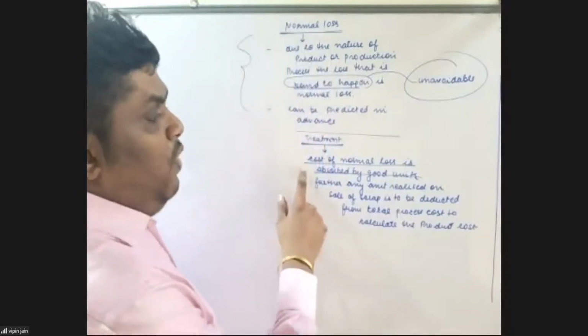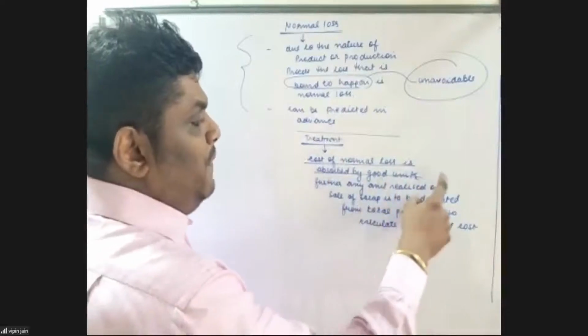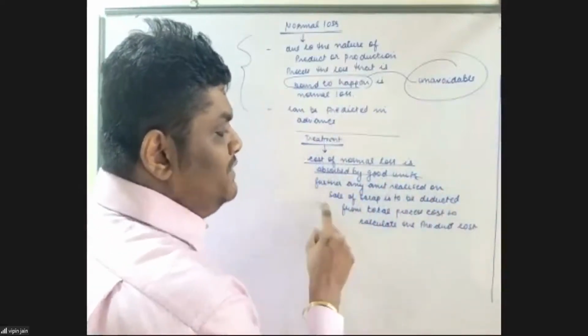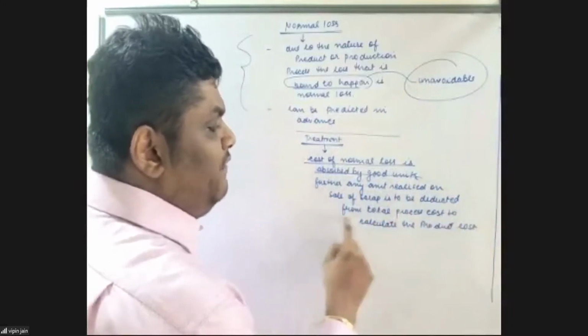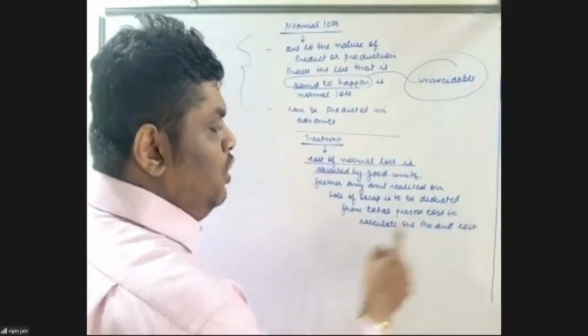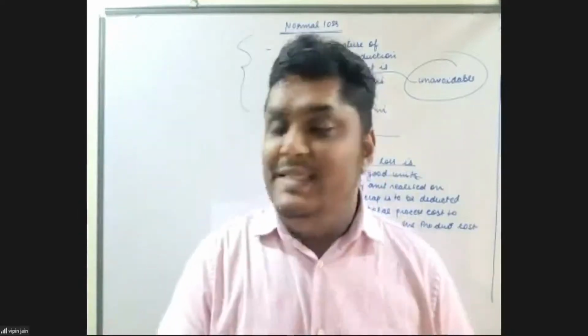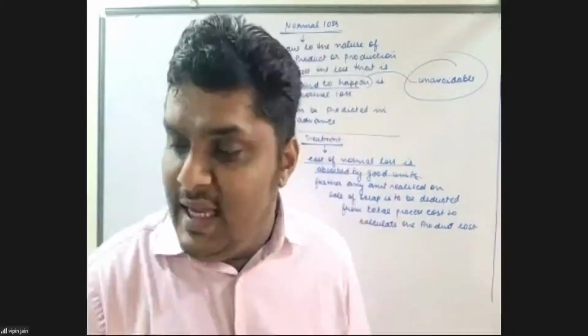So, cost of normal loss is absorbed by good units. Further, any amount realized on sale of scrap is to be deducted from the total process cost to calculate the product cost. I'll be discussing the concept of normal loss with the help of an example.